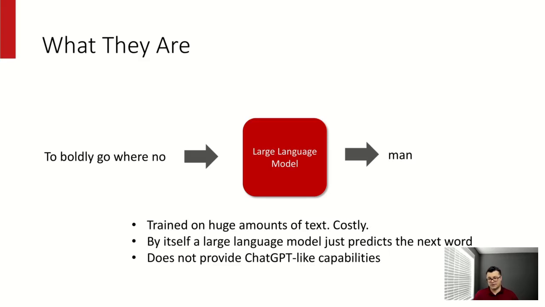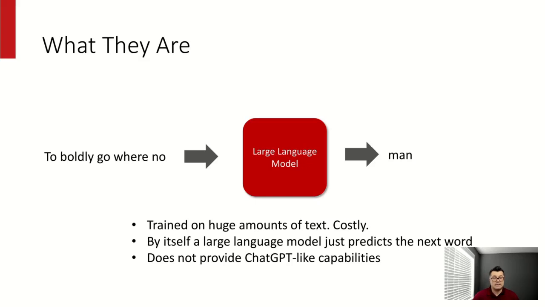So here we have "to boldly go where no," and then the next most likely word would be "man." And this large language model would have picked that up from a lot of text that it would have looked at out there on the internet. So that's basically the essence of it.